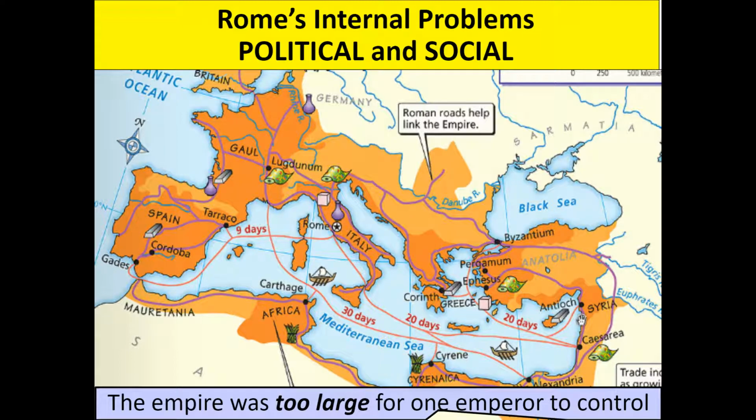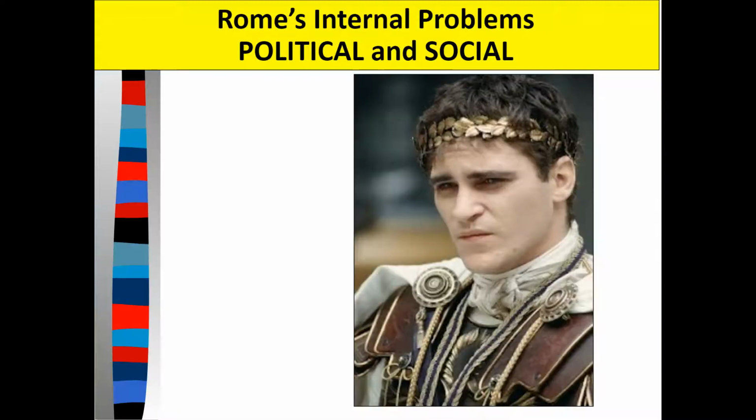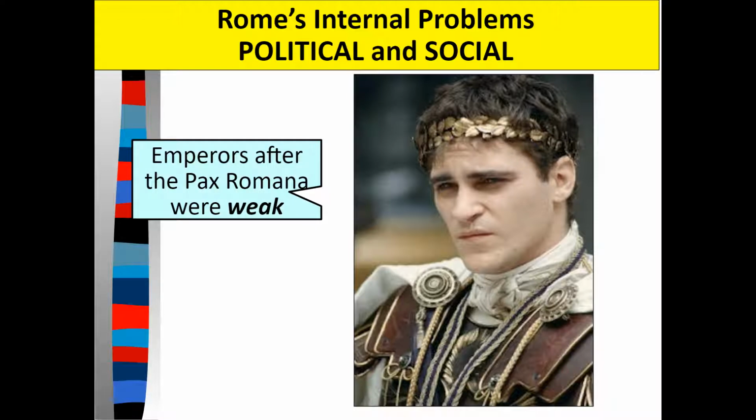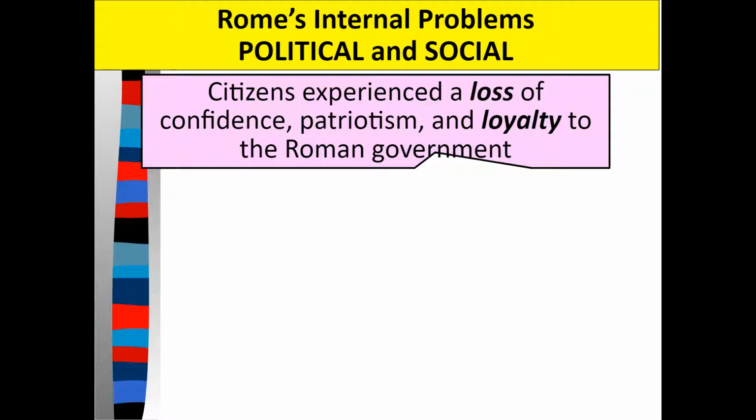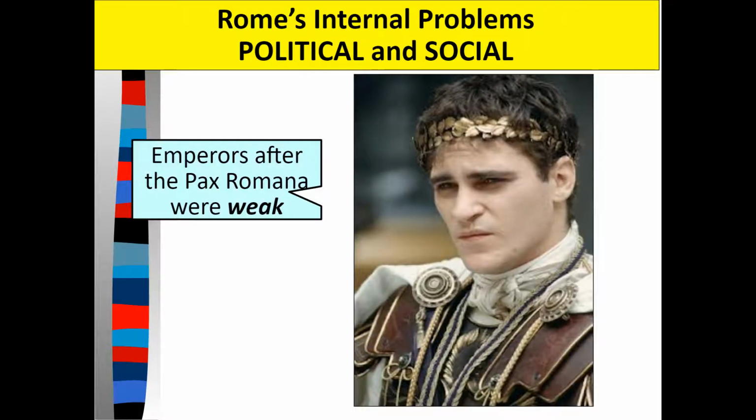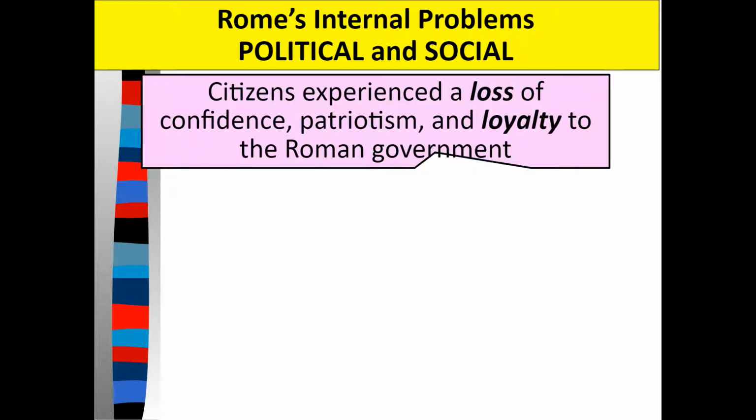It gets big enough that different territories in the empire start demanding their own independence, and Rome is having a hard time exerting control over all of them. Not only that, but emperors after the Pax Romana are generally weak, so they're not able to maintain control. And citizens are experiencing a loss of confidence, patriotism, and loyalty to the Roman government.